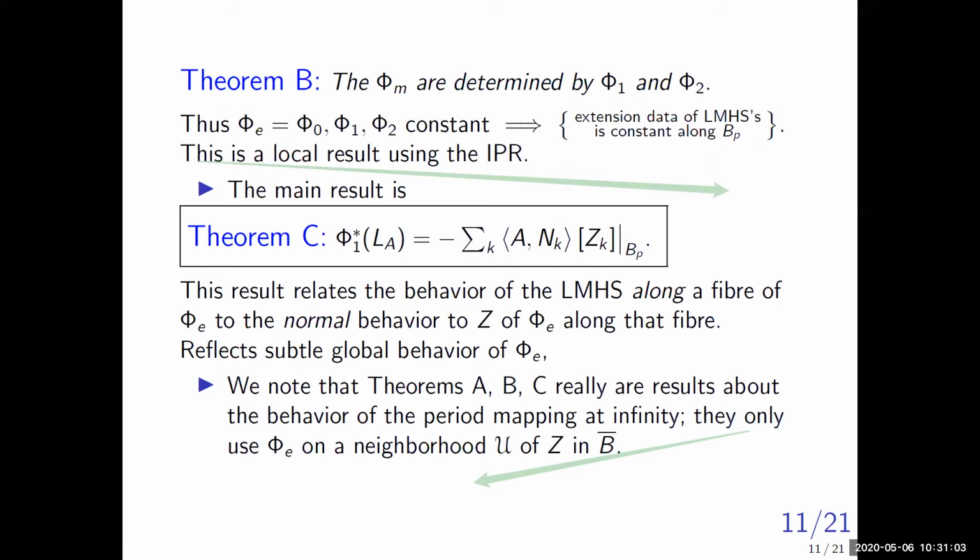So it relates the behavior of the limiting mixed Hodge structure along a fiber to the normal behavior to the fiber. It's worth remarking that these three results really are results about the behavior of a period mapping at infinity. For the statement and the proof, all you really have to have is a neighborhood, say script U, of Z in B bar. You don't need the whole B bar.